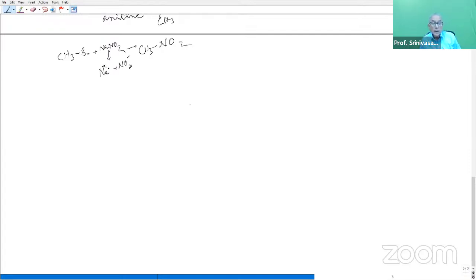Sodium plus NO2 minus. So similar reactions can be done to prepare other alkyl nitro compounds.